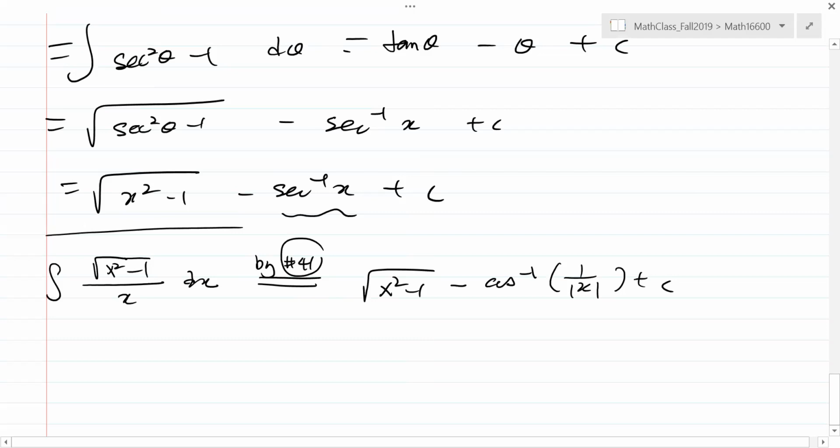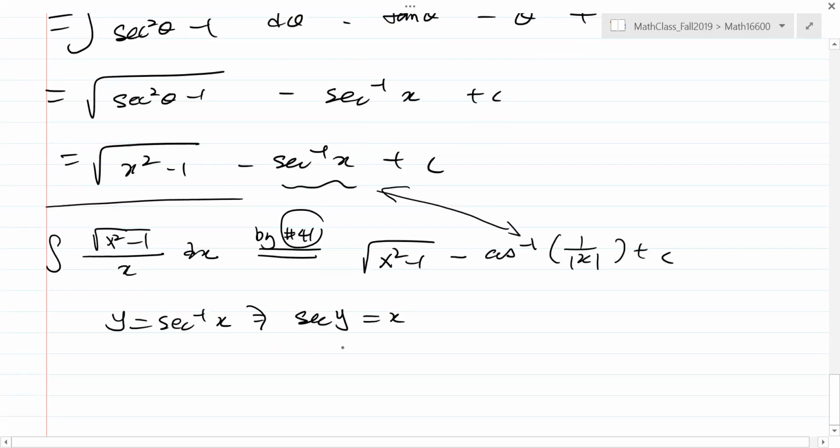It should be the same. Why are these two the same? Okay, let's call it y, right? That means secant y equals x, right?